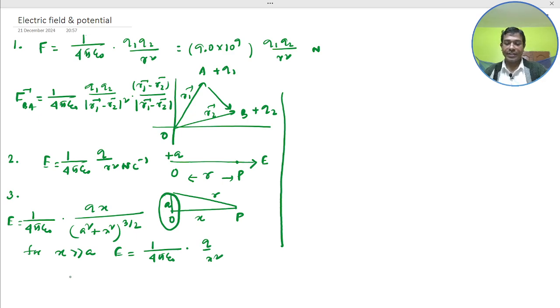The fourth one is the electric potential.